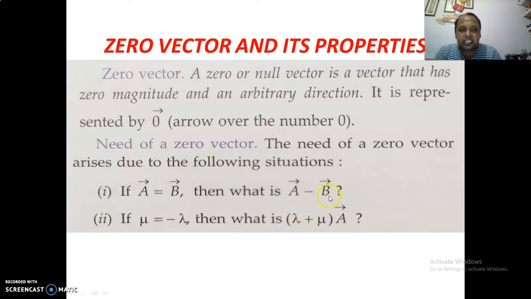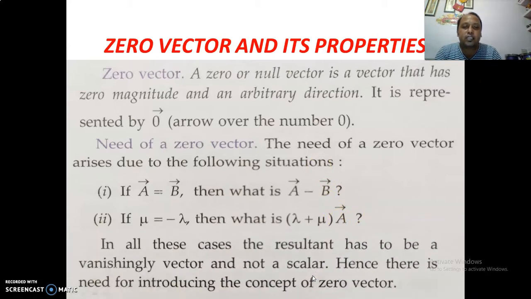But it has a direction here, which is the direction of vector A. So the answer will have magnitude 0, but it will have a direction. So we need a zero vector here. These are the situations where we actually need a zero vector.